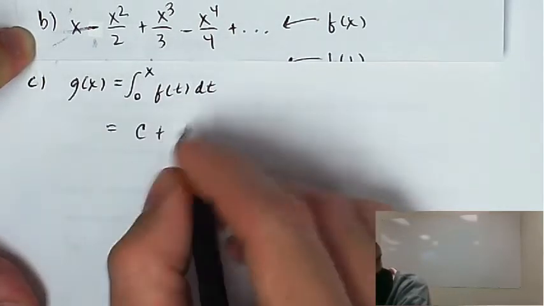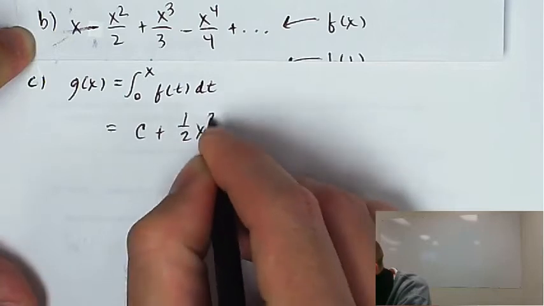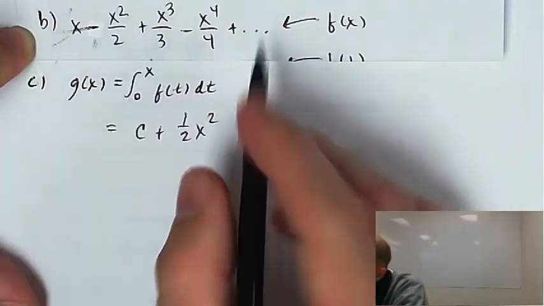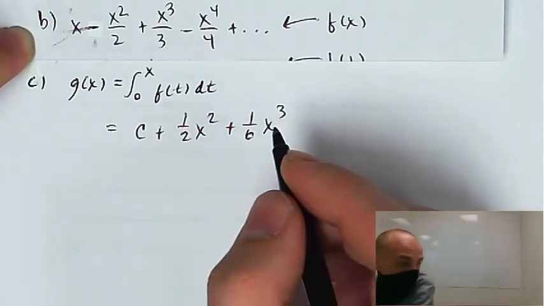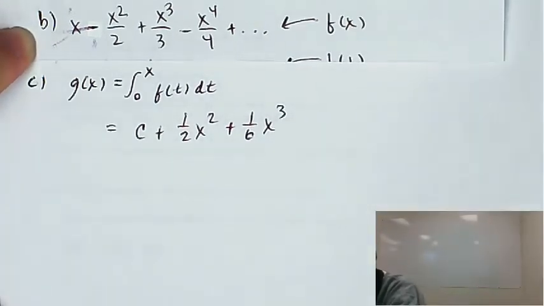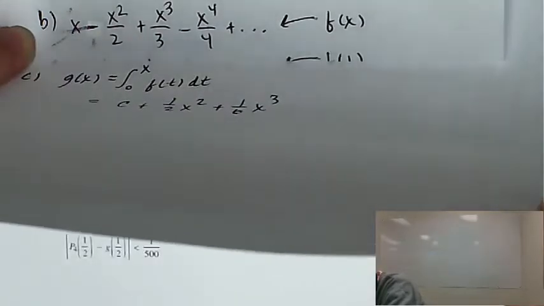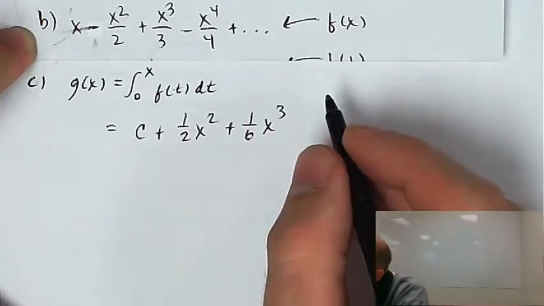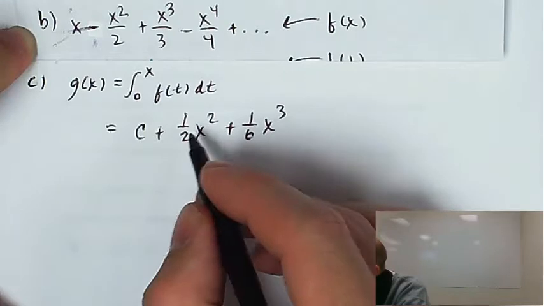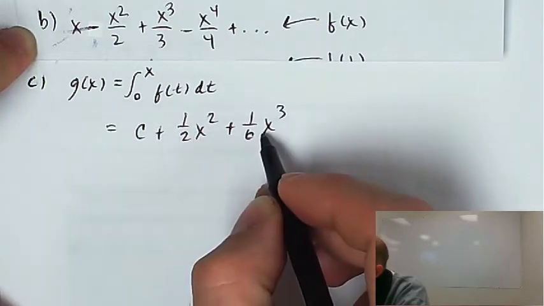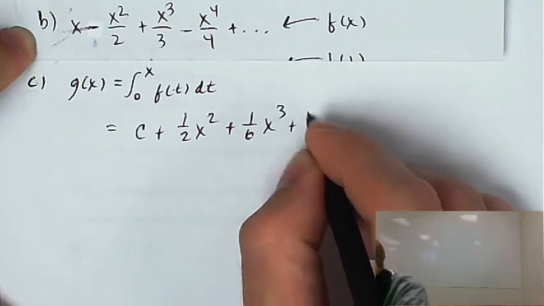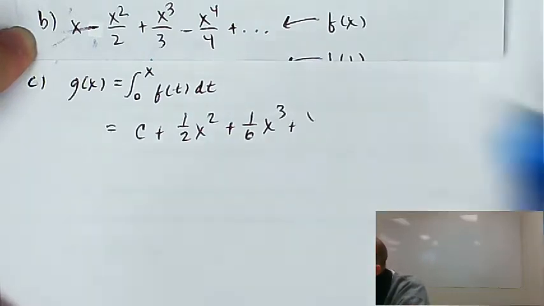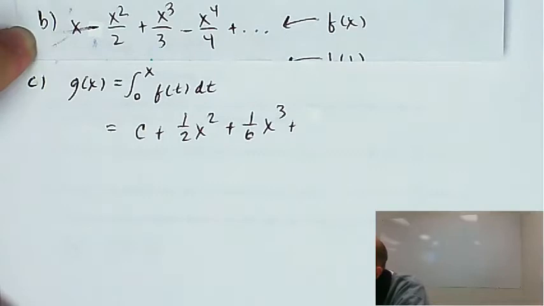So it'll be c plus 1/2 x squared plus 1/6 x to the third. And what do they want first? 4 non-zero terms? Is that what it said? Yeah, and the general term. Okay. That's going to be a 0 term, so I need 2 more. Plus x to the 4 over 12. Maybe I'll write it the way I've been writing it all along. 1/12 x to the 4th.